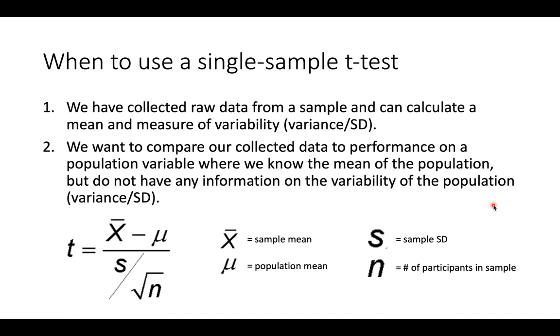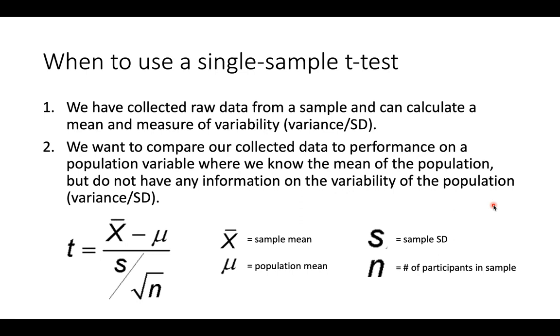So if you remember back to the last big chunk of work we were doing, it was on z-scores. And a z-score is all about understanding how extreme or not extreme a particular individual is, right? A single person's score is in reference to the population.